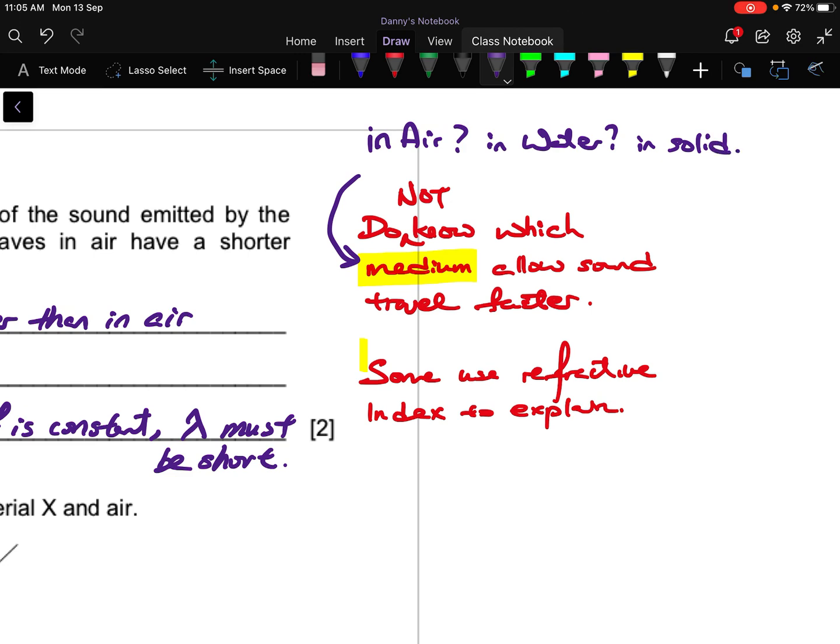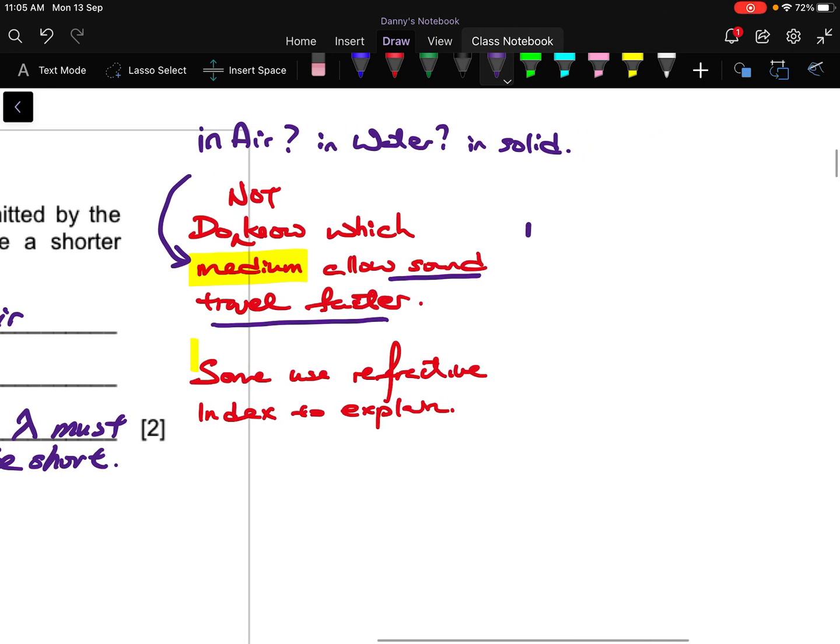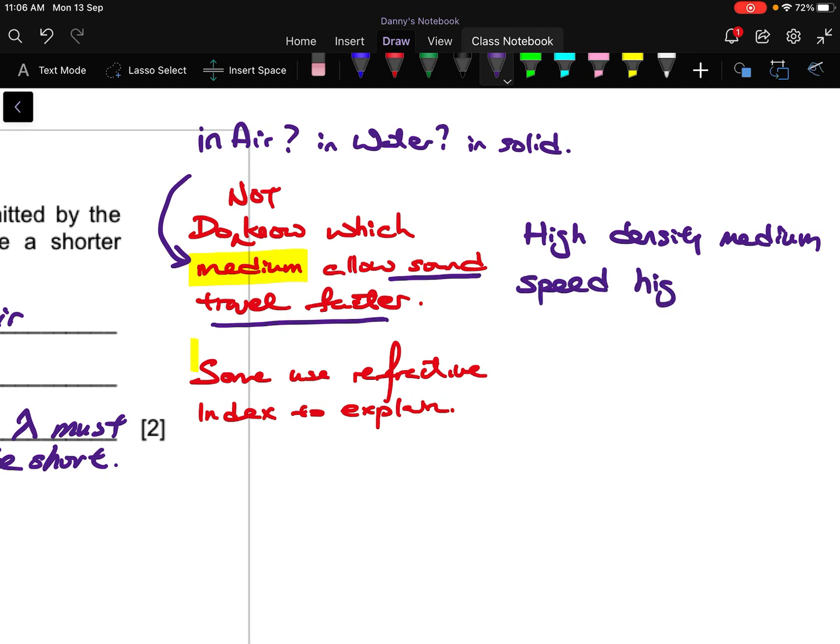The type of medium will determine how fast your sound will travel. In general, if you have a high density medium, you would be able to have a speed that is high.